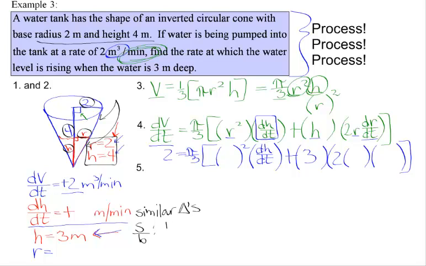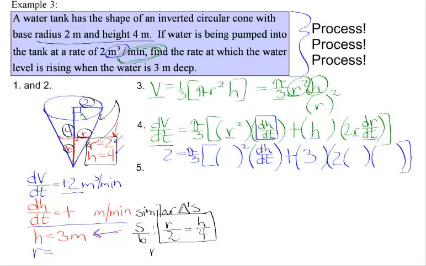The small radius I have listed as r. The big radius is 2. That must equal the small height in the ratio to the big height. Here is the relationship between the radius and the height of this tank for any r and for any h.